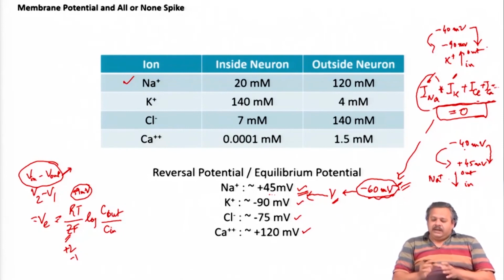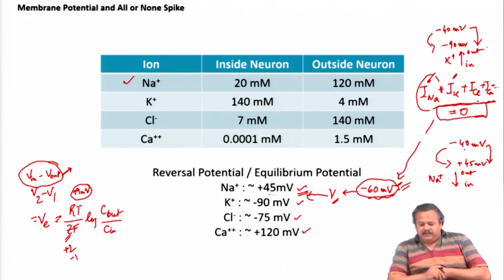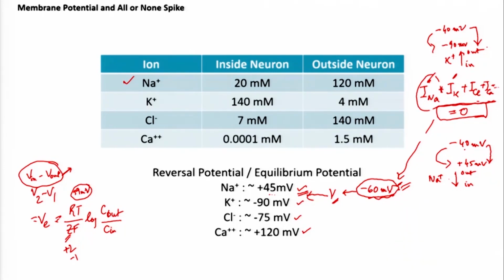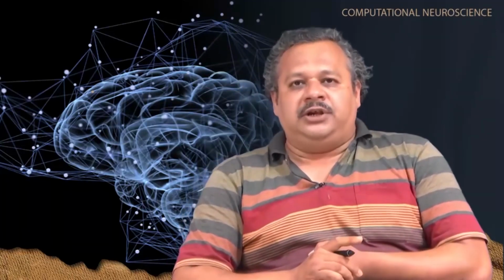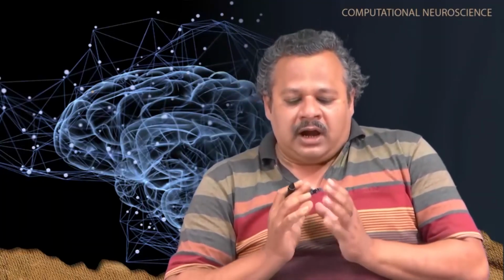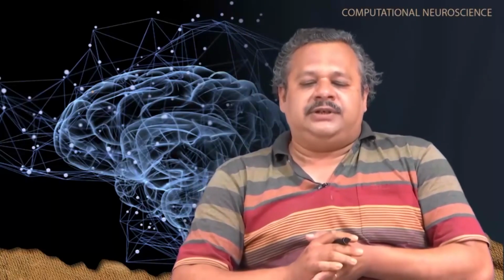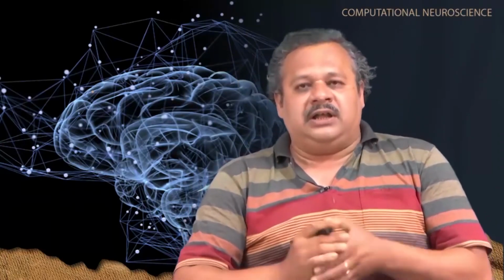So, with this in the background, we will next in our lectures try to understand how these ion channels, or the conductances that we were talking about, work in the membrane and provide paths to the different ions, and how all these together finally create action potentials depending on the current injection into the neurons through synapses, or artificially when we are experimenting, as we saw in patch clamp recordings and so on.